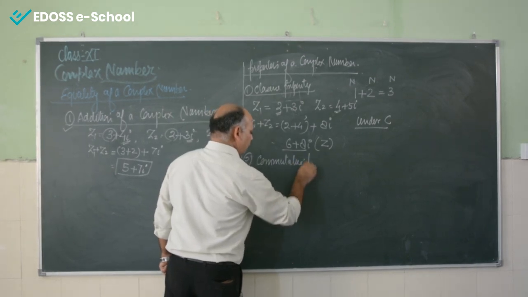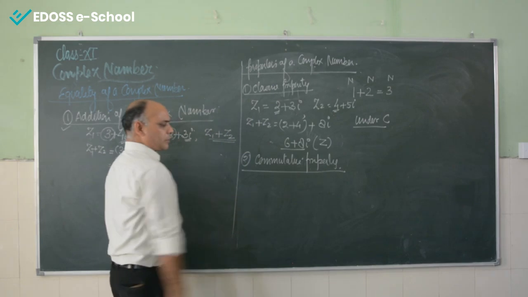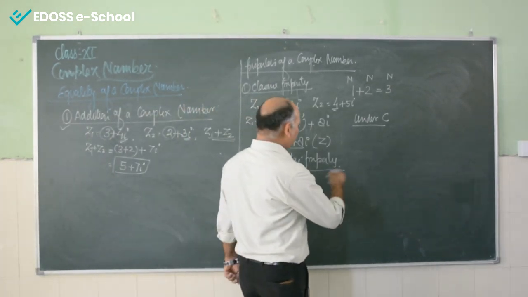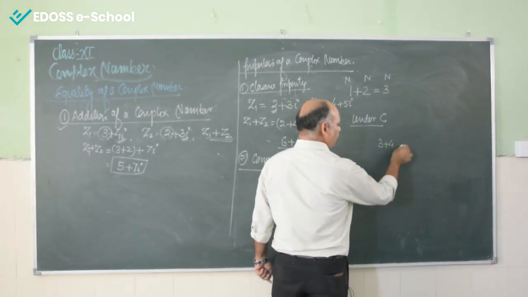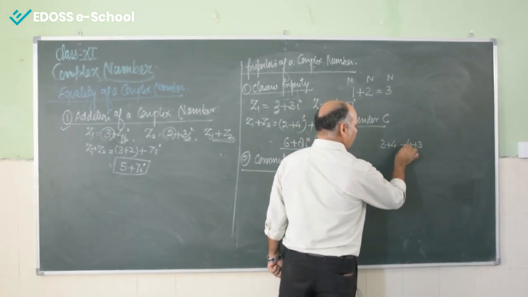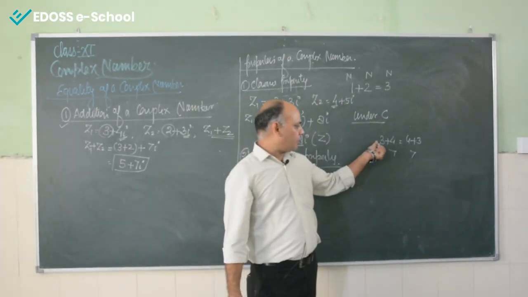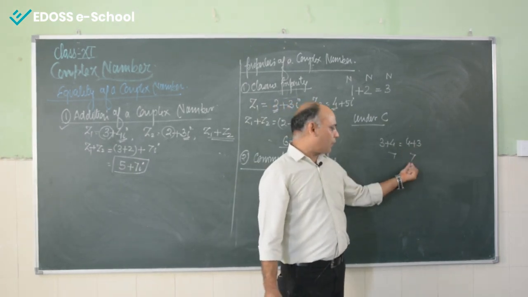Commutative property. This is similar to the natural number case. Commutative property means if 3 is added to 4 and 4 is added to 3, the result will be the same. In the case of natural numbers, if 3 and 4 are added you get 7, and if 4 and 3 are added you get 7.